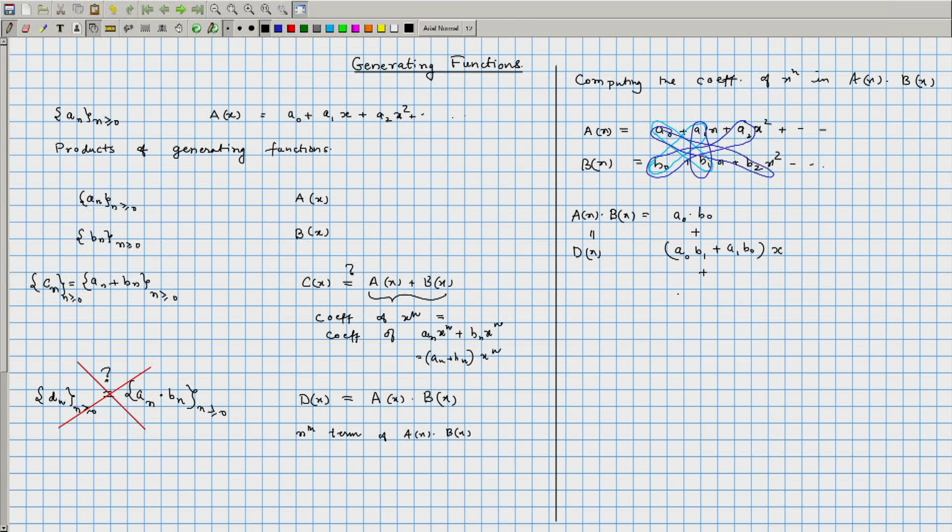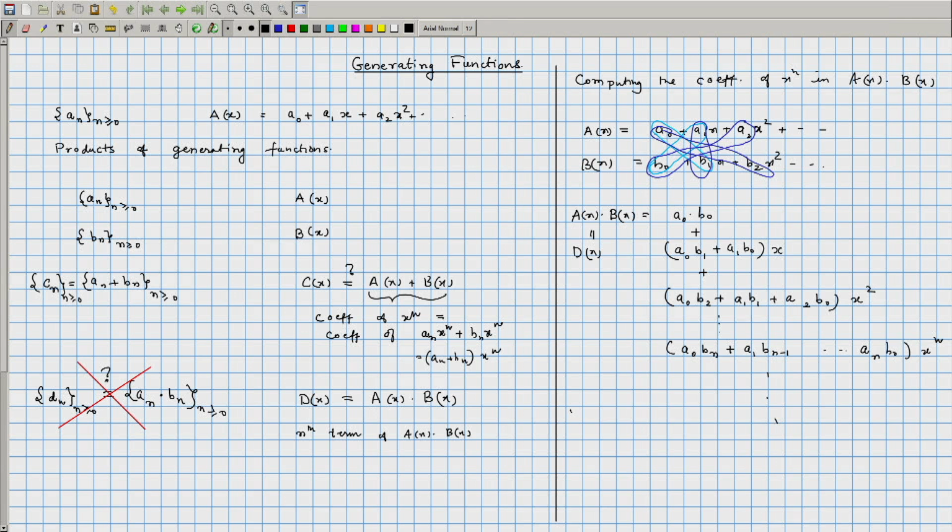So, the next term will be A0 B2 plus A1 B1 plus A2 B0 the whole times x square, and the x raised to n term would essentially be A0 Bn plus A1 Bn minus 1 up to An B0 multiplied by x raised to n and so on.